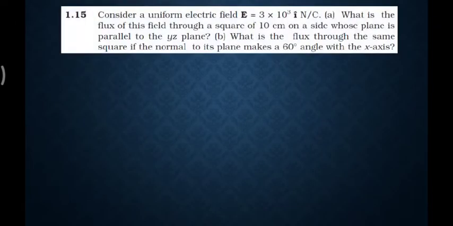It is not a new example I am taking, because task B is yet left to discuss. What is the flux through the same square, which is parallel to the yz plane and perpendicular to the x axis, if the normal to the plane makes a 60 degree angle? In the earlier problem the square was perpendicular, now it is tilted by 60 degrees. Earlier we took cos 0, now onwards for the calculation you have to take cos 60.